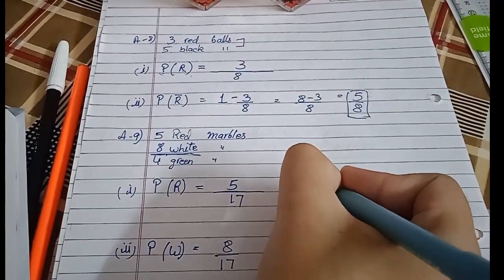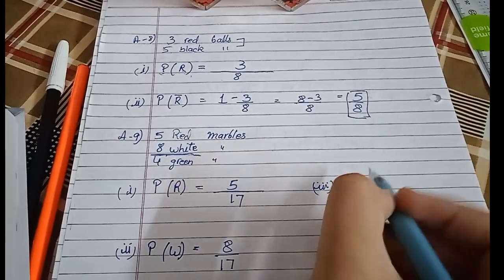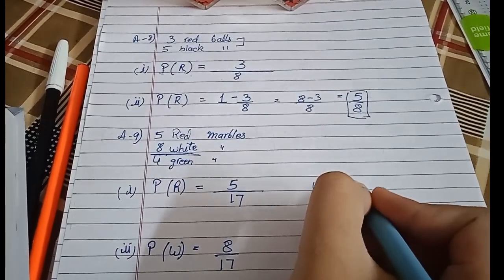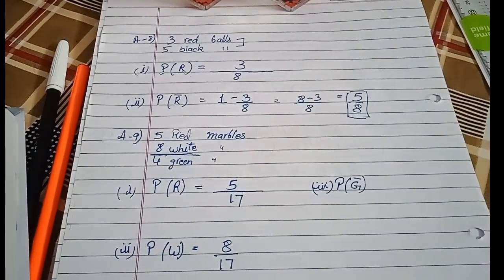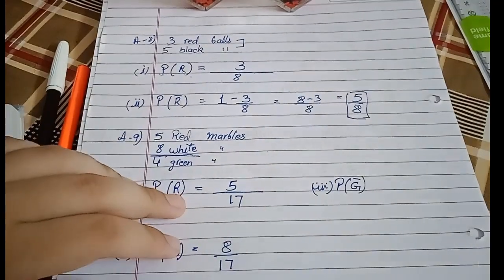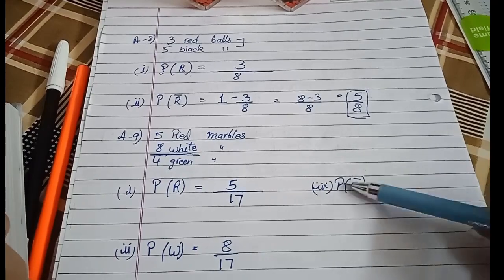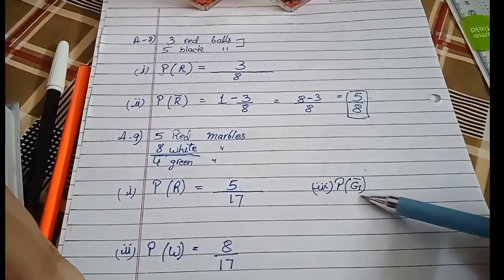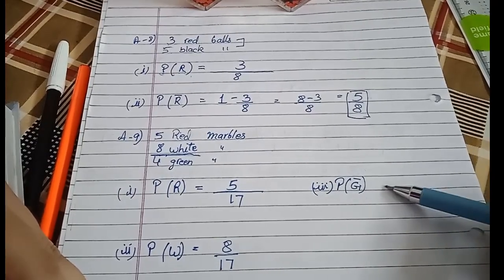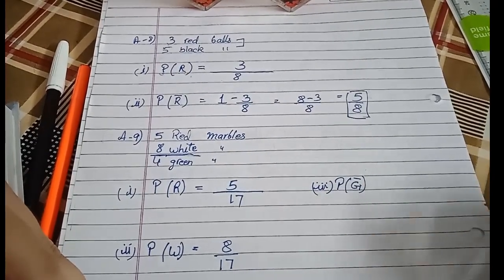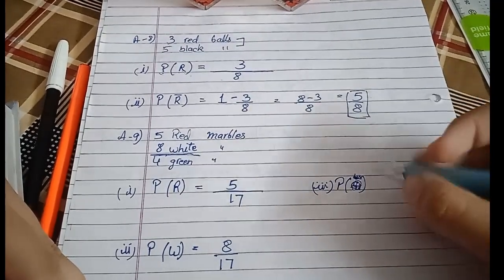Third, I am doing here not green. Probability of marble not green, you have to find out. Now this one, how will you do it? There are two ways. Either you find the probability of green, the probability of the marble being green, and then you subtract it from 1 to get the answer, or you can simply take it as the probability of the event not happening.